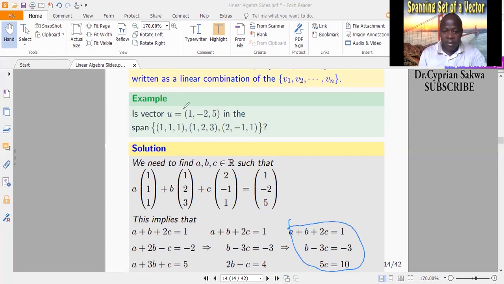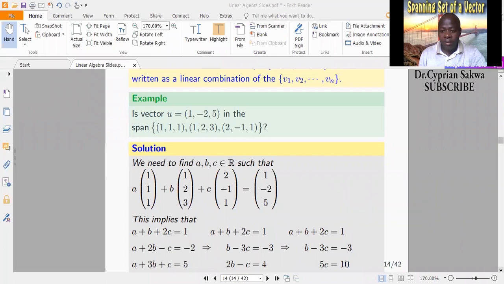What that means is that my scalars A, B, C exist, and U can be written as a linear combination of these three vectors. Since that is possible, we say that U is in this span.